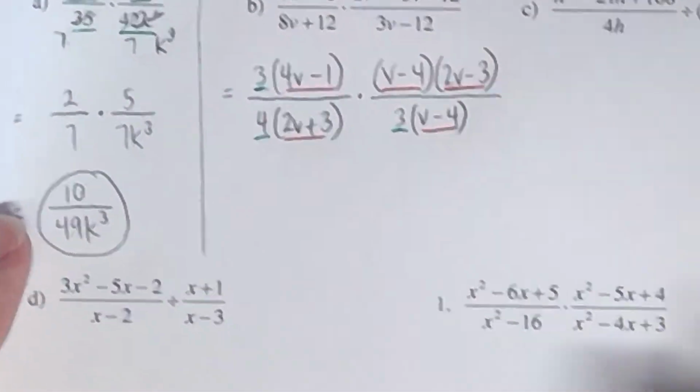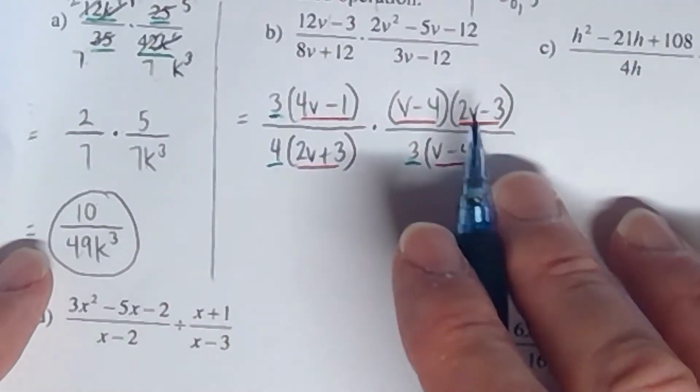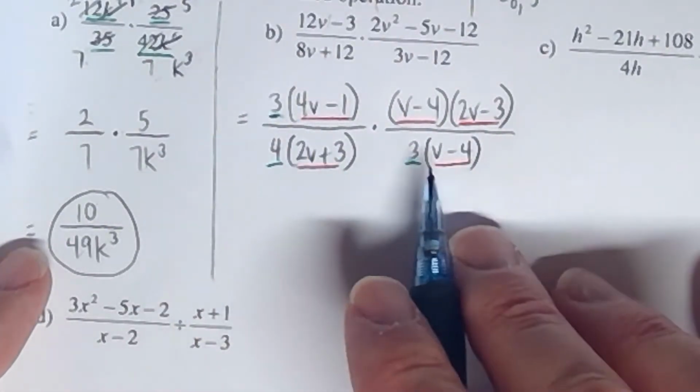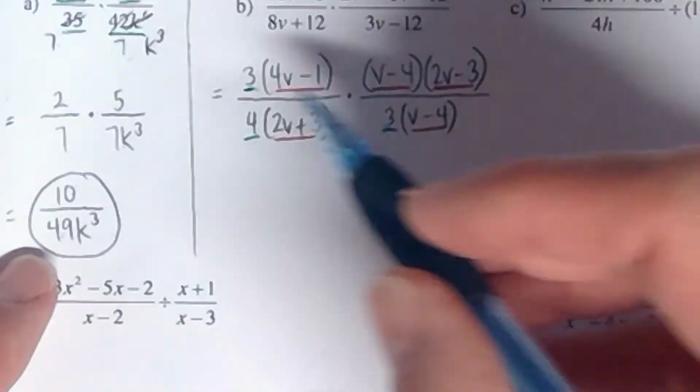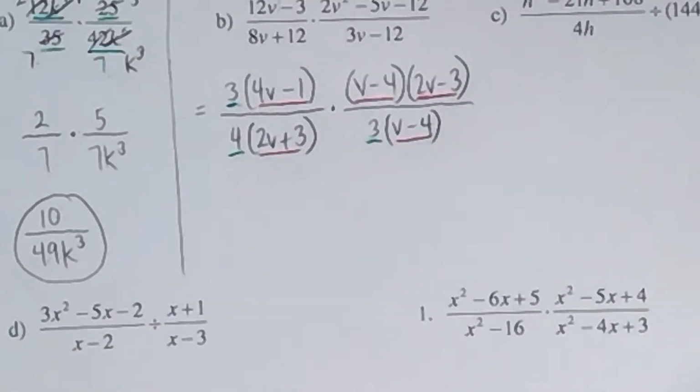Okay, what did we do in the last section after we identified all of our multiple term factors in red and our single term factors 3, 4, and 3 in green? What we did was we started out with the green ones and we just canceled them the same way you normally would if they were their own separate fractions.